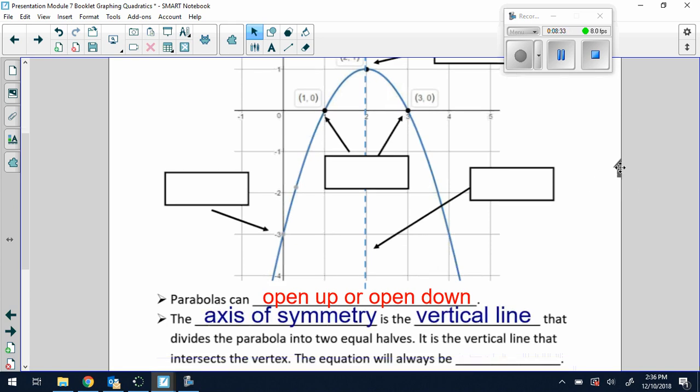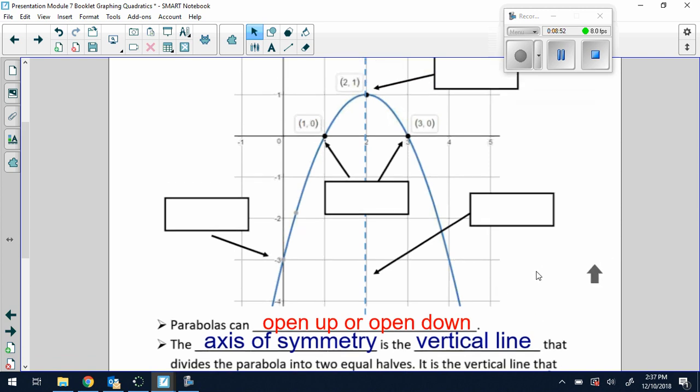The axis of symmetry, which we just talked about, is the vertical line that divides the parabola into 2 equal halves. It also intersects the vertex. The equation will always be x equals a number, and in fact, it's always going to be x equals the x coordinate of the vertex. Okay, so our axis of symmetry is this line here.